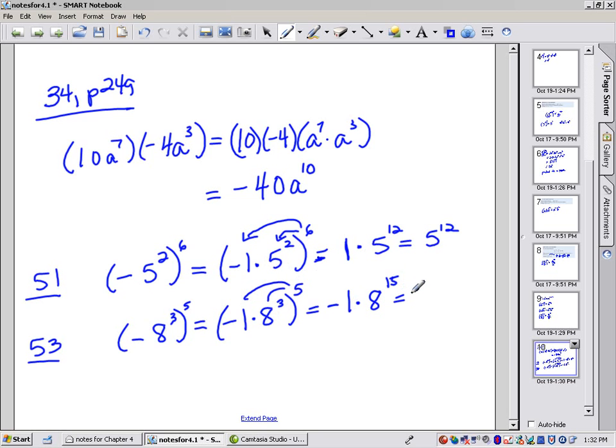So this is really the opposite of 8 to the 15th. So if the outer power is even, and you have a negative coefficient or negative expression inside, it's going to become positive. If the outer power is odd and a negative coefficient inside, the answer will be negative.